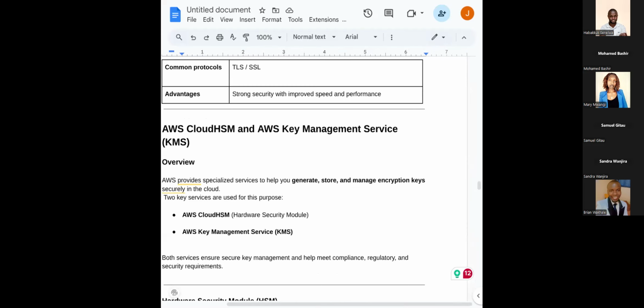Now, in AWS, are there services that we can use to encrypt our data? And the answer is yes. So we have two major services, and one of them is called CloudHSM, and the other one is called KMS, Key Management Service.